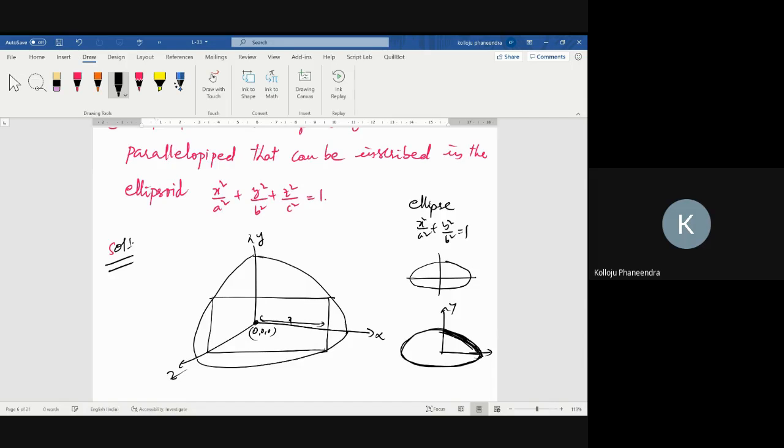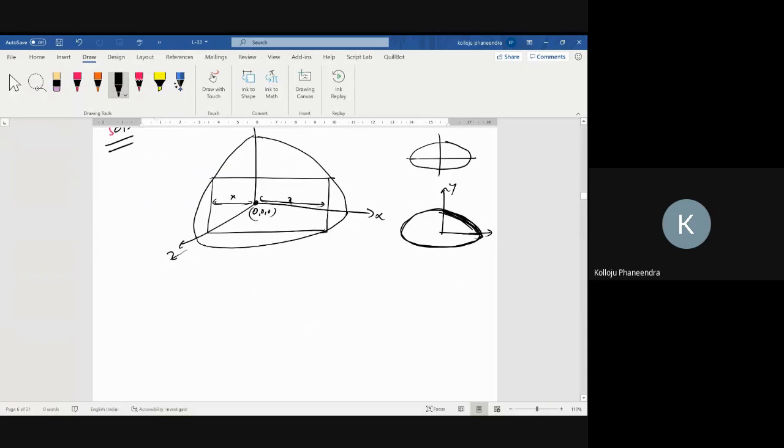So obviously here also the same distance you will get. The figure is not suitable. Okay, not correct here. So what are the dimensions of the rectangular parallelepiped? 2x, 2y, 2z. Same logic.